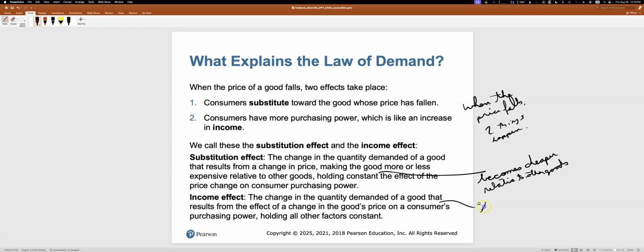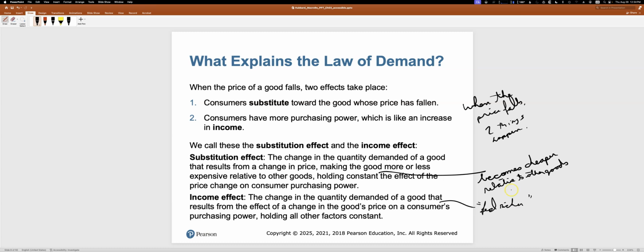So in essence, I feel richer. And when people feel richer, they buy more of it. So both of these things are happening at the same time. Both the substitution effect as well as the income effect.